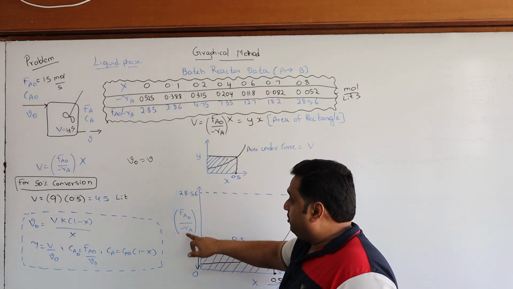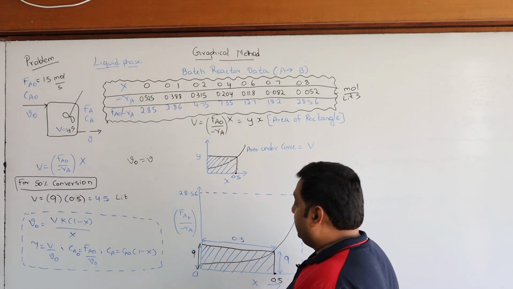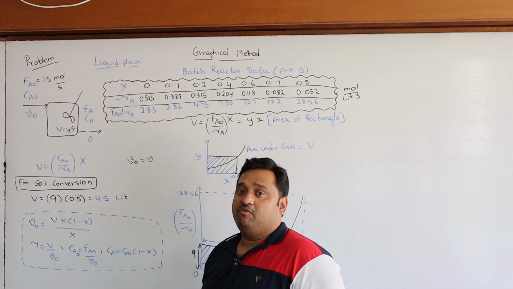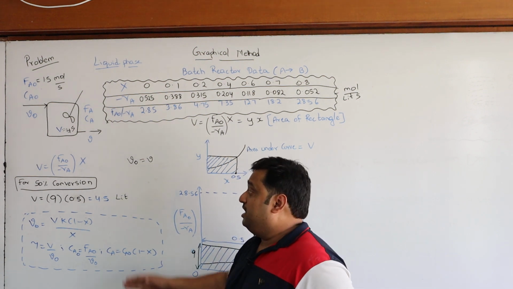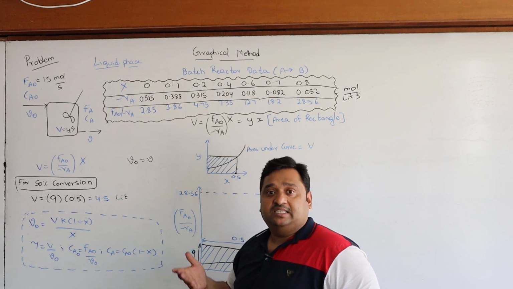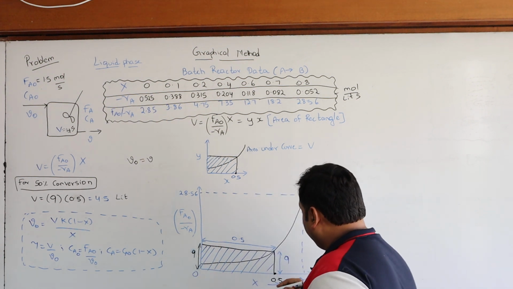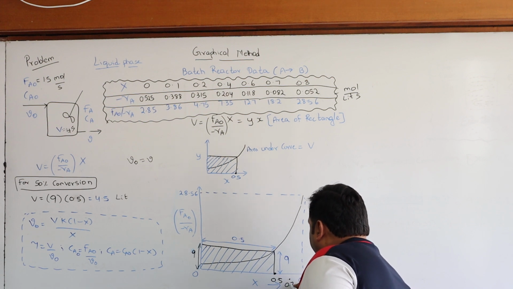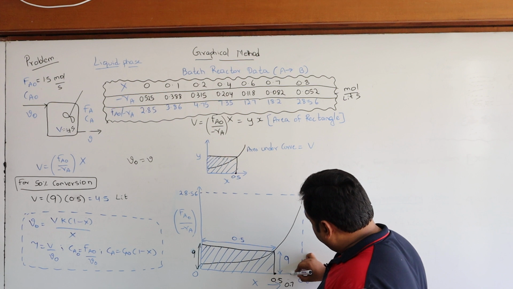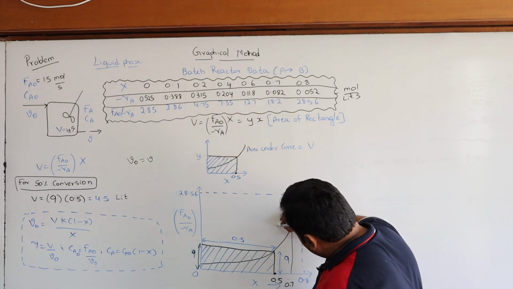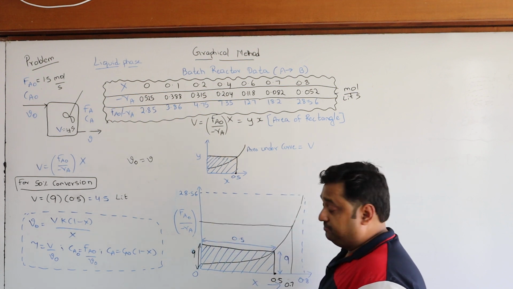If you have the data of Fa0 by minus Ra versus X, through this you can find the volume required for a given conversion. For example, if you want the volume of the CSTR for 70% conversion, at 0.7 on the x axis draw a straight line, and wherever it meets the curve, draw a horizontal line.